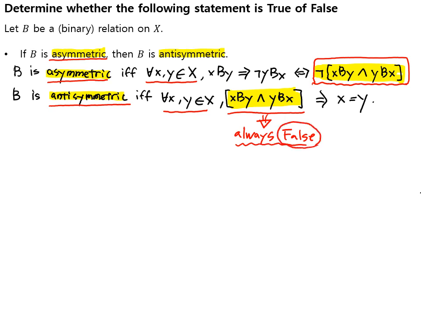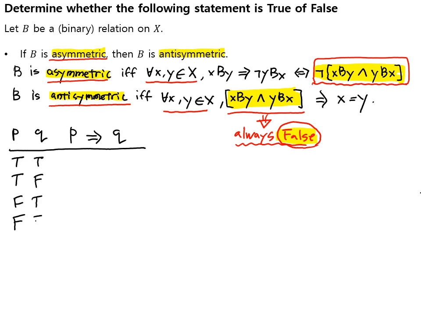And remember the truth table of the conditional statement P implies Q, where we have P and Q. Let us reconstruct it.